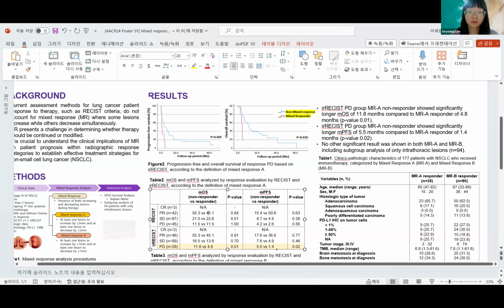And in the PD group, mixed responder by RECIST is the same, PFS is not significantly different. But in the iRECIST PD group, mixed responder does worse. And it's just 39 patients.